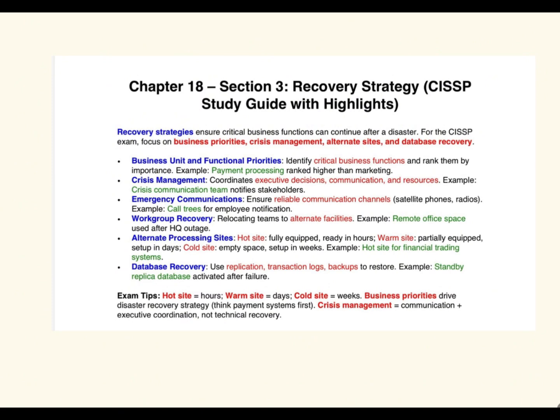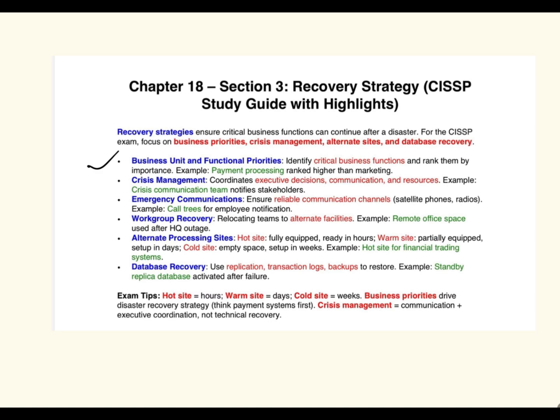So let's get started. When we talk about business unit and functional priorities, you must identify critical business functions and rank them based on importance. So when we prioritize critical business functions, what are the critical business functions?